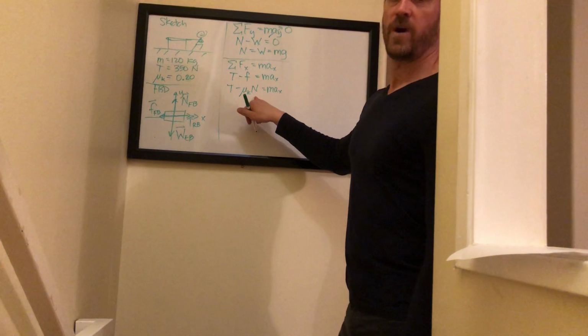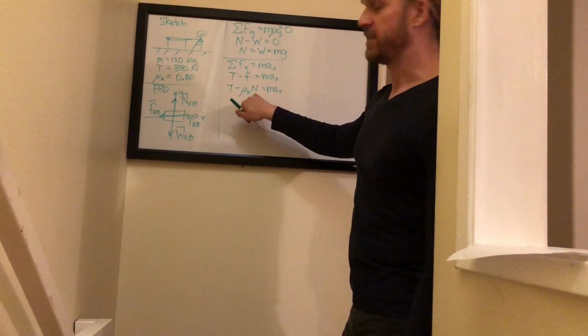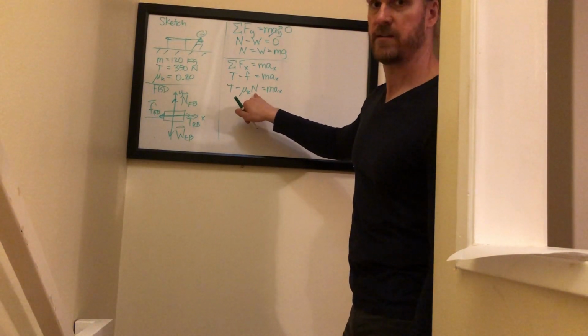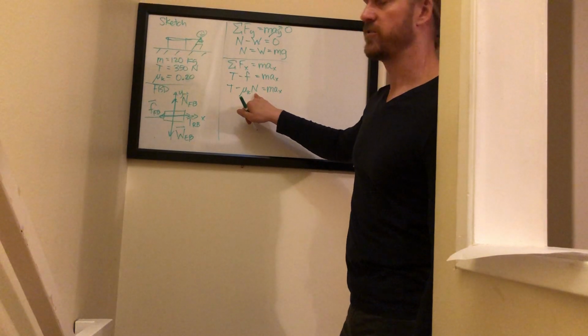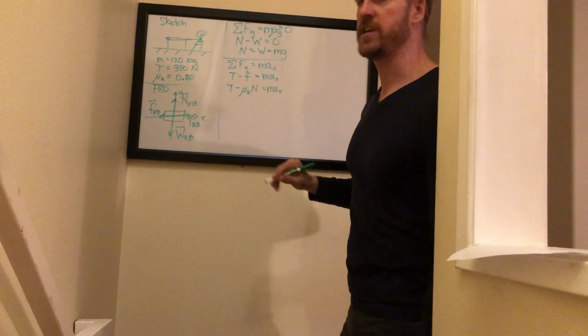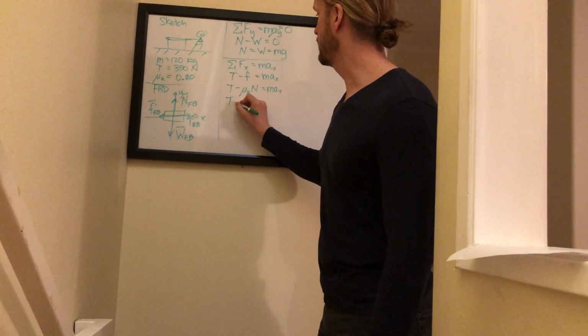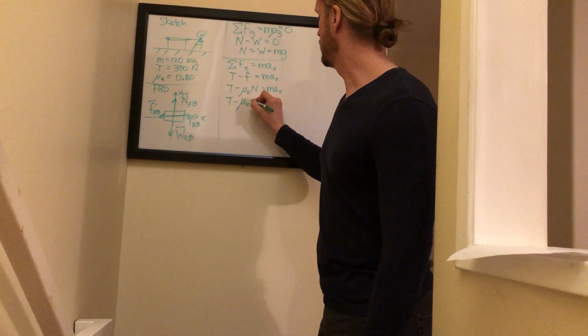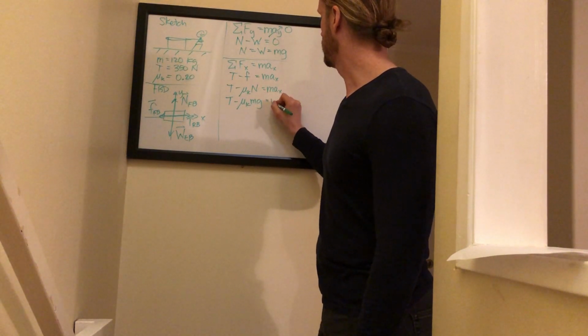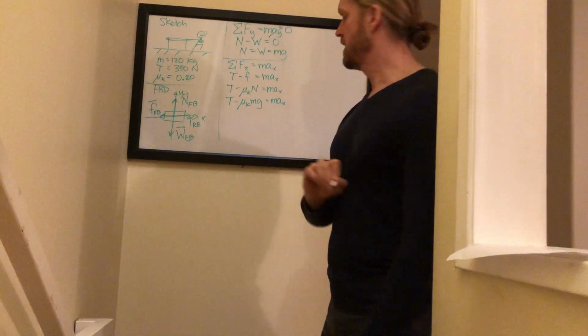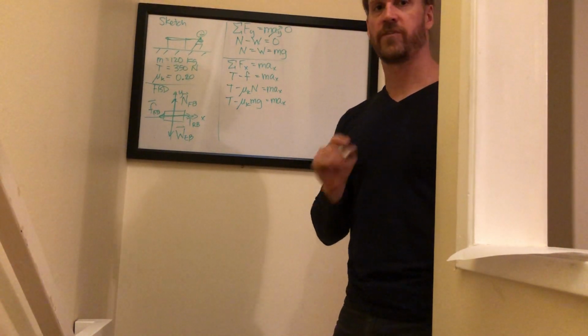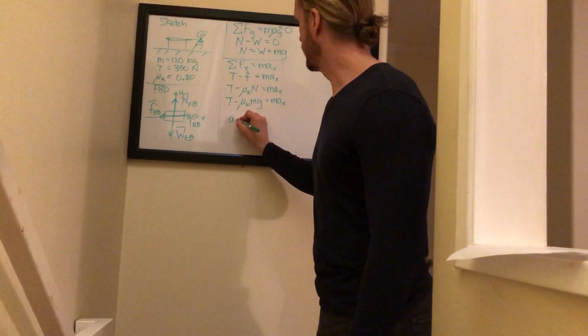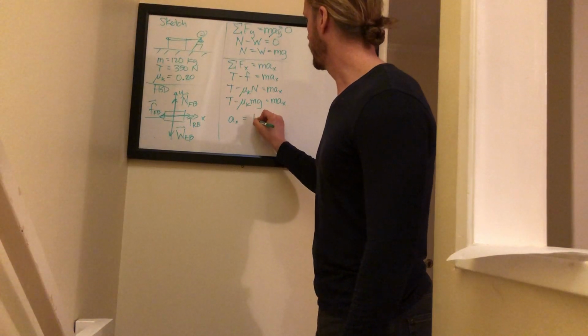And that's why we did the y direction first, because now we know that for this problem, N has a value of mg. So we'll do another substitution. And with one step of algebra, we can solve for the acceleration.